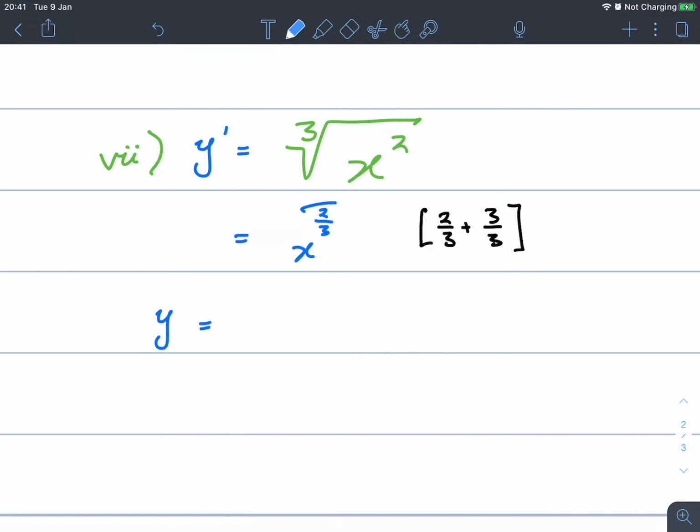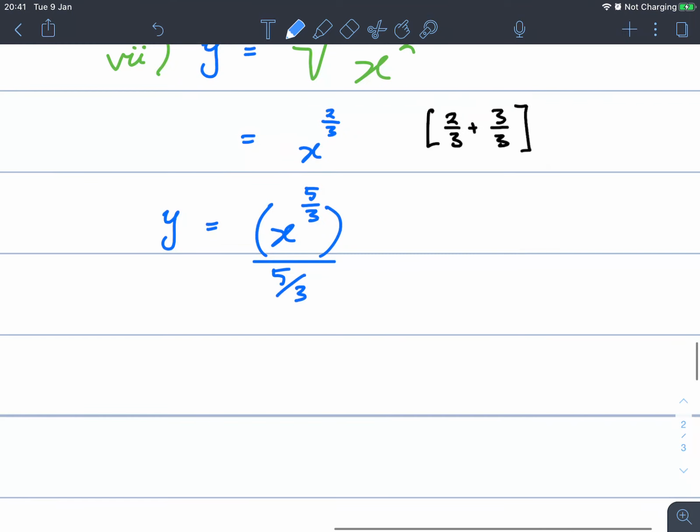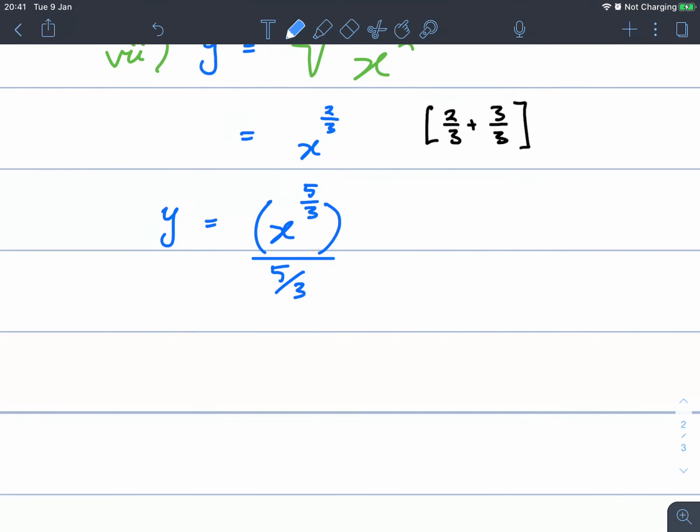So increasing the power of this becomes x to the power of 5 over 3 divided by 5 over 3. This is where it gets a little tricky if you're working by hand.